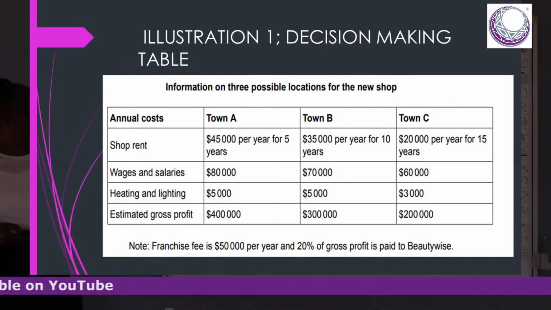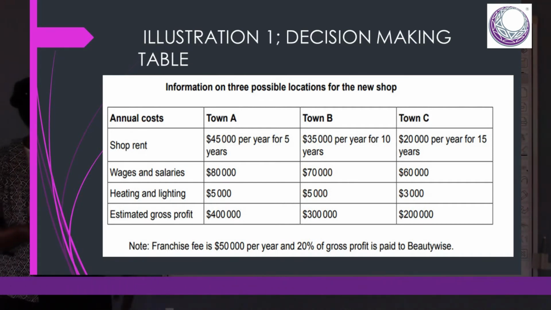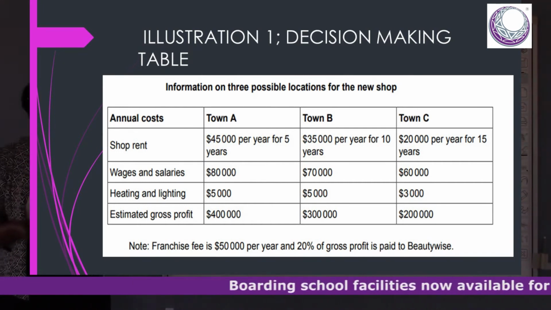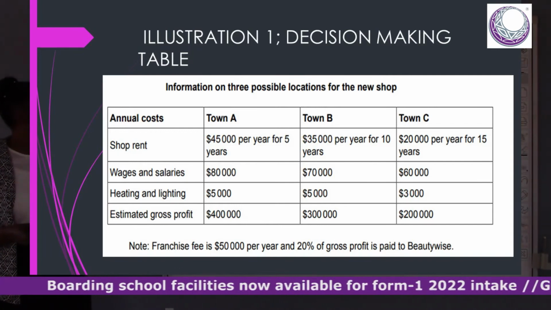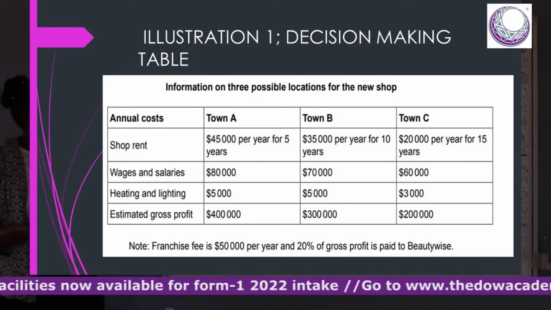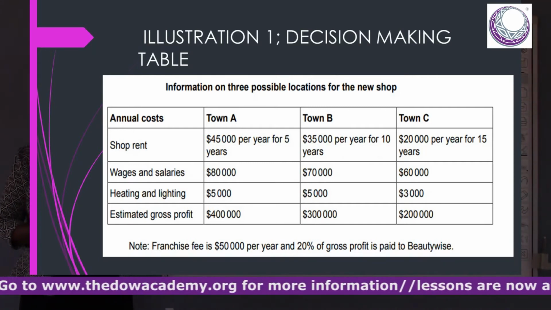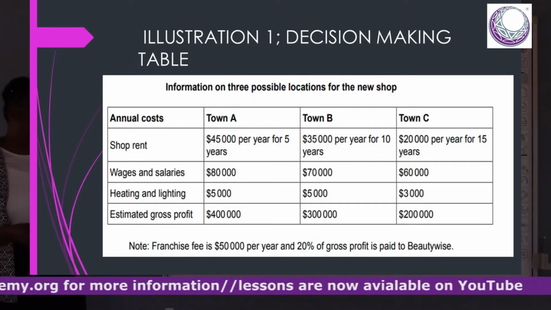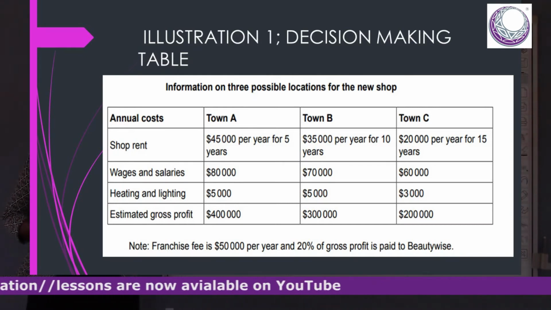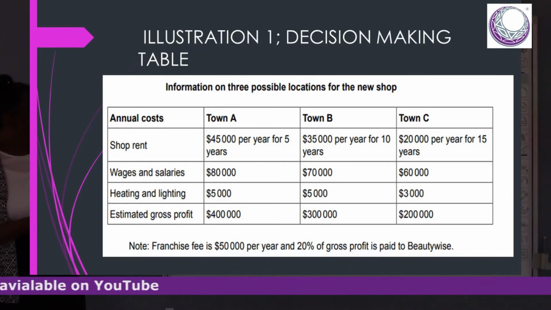If you are not very careful, you can just look at the estimated gross profit and quickly conclude that, oh, town A is the best. But if you try to use your knowledge of business finance, you will note that after gross profit, we are supposed to subtract the expenses. And the expenses are given, right?